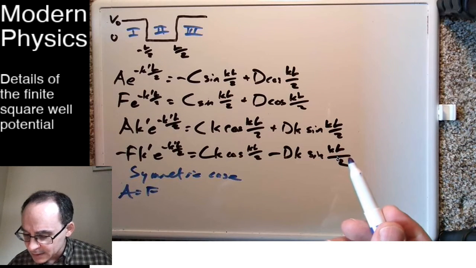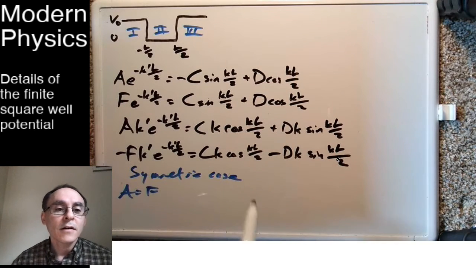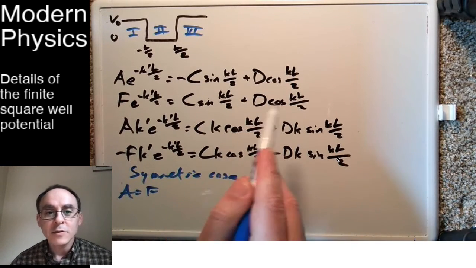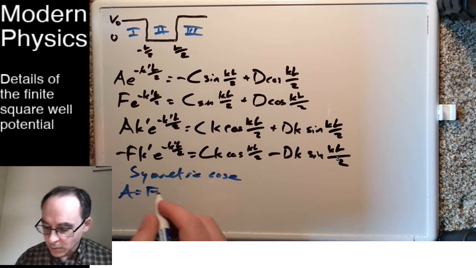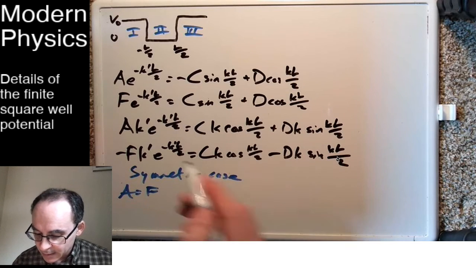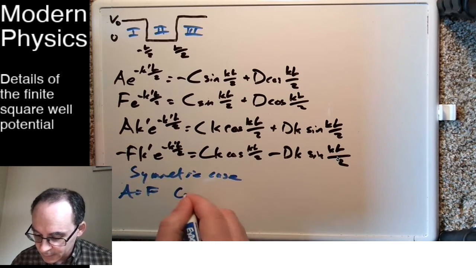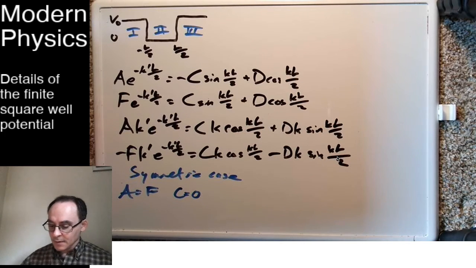It also means that in the middle region, region 2, we can't get both sines and cosines. The only function that's symmetric there is the cosine. So C is 0. That makes things a lot simpler for us.